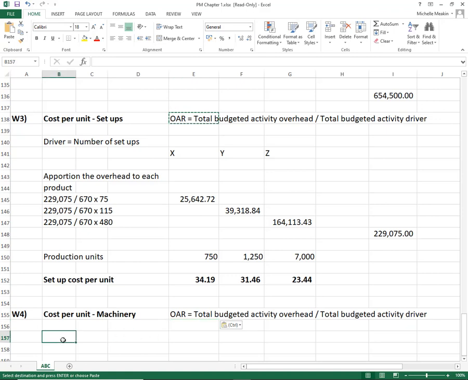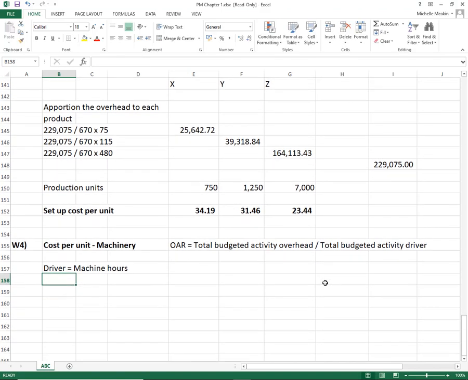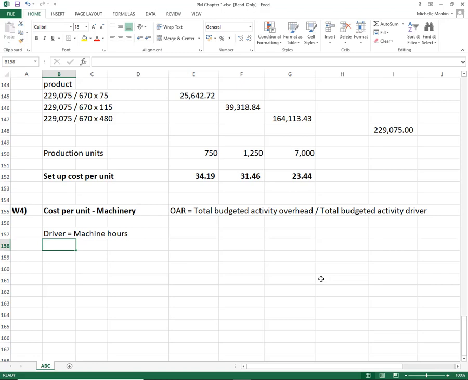What is driving the machinery cost out of the information provided? So within the question, you're given labour hours, machine hours, materials per unit, the number of units, number of setups, number of movements of material, number of inspections. So based on the information provided, I would probably say it's the number of machine hours, the amount the products are being used on those machines.